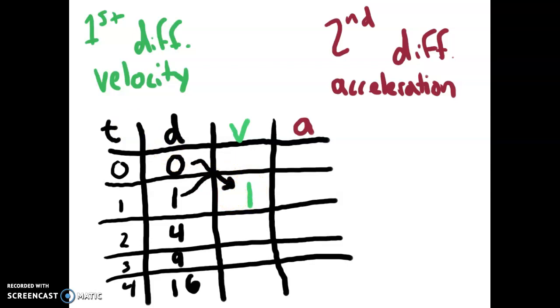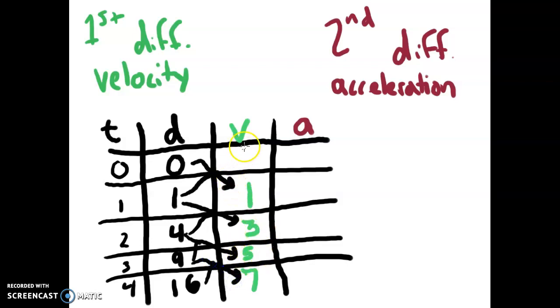Then to take the next first difference, I would do 4 minus 1, which is 3. Pretty easy, right? 9 minus 4 is 5, and 16 minus 9 is 7.